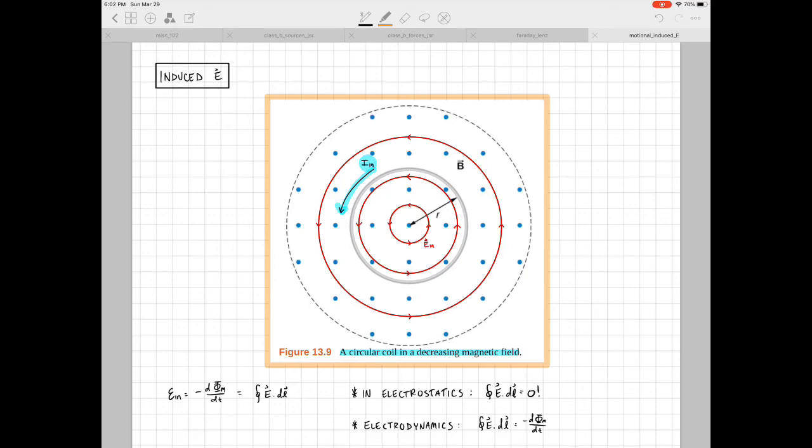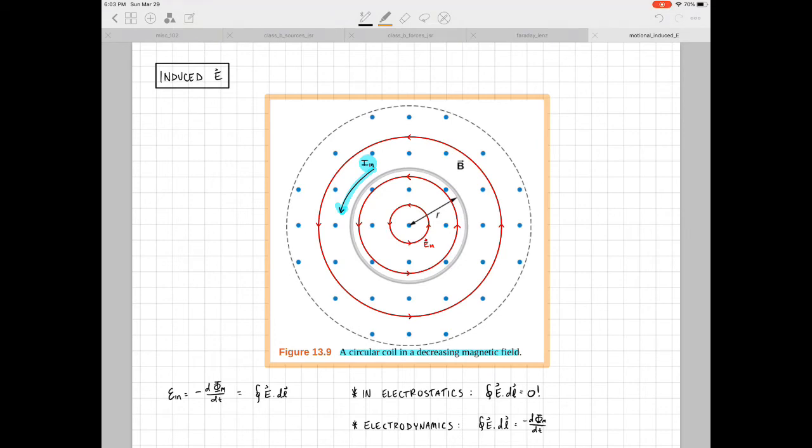So an interesting question is why is it that these changes in magnetic flux generate induced EMFs and induced currents? And the amazing thing here is that there's this fundamental connection between electricity and magnetism.